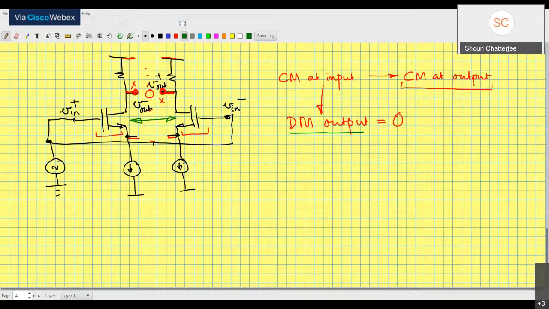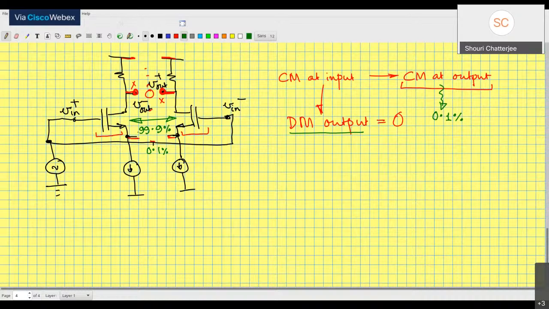Okay. If they are 100% equal to each other, then the differential mode output is 0. But if they are not 100% equal to each other, if they are 99.9% equal to each other, right, that is 0.1% mismatch, then the prediction is that the differential mode output is going to be roughly 0.1% of the common mode at the output.